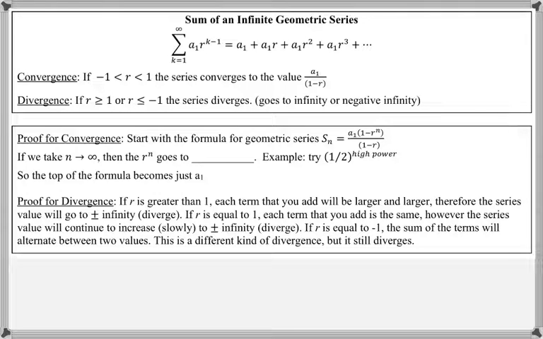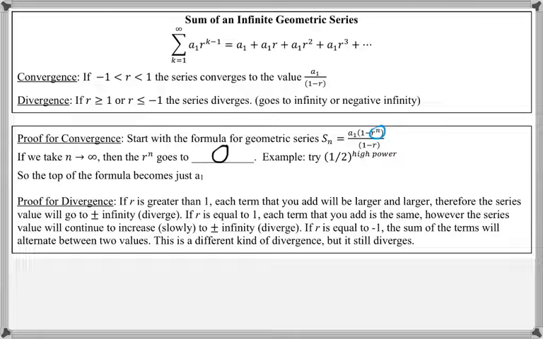So the proof for convergence, we start with the geometric series formula. And if you take n going to infinity, then r to the n, which is right here, is going to go to 0. And that'll really happen with any fraction. So again, r is a fraction here.